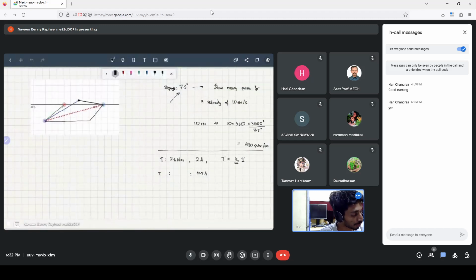There are very useful 4-bar linkage mechanisms. One very nice mechanism is called the quick return mechanism. I will draw it.